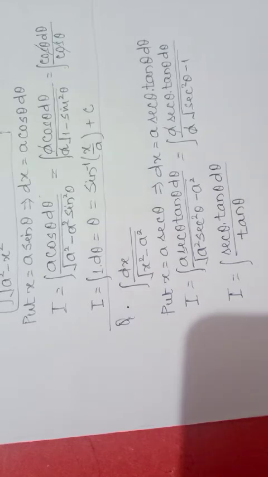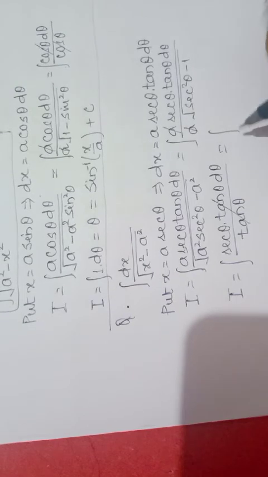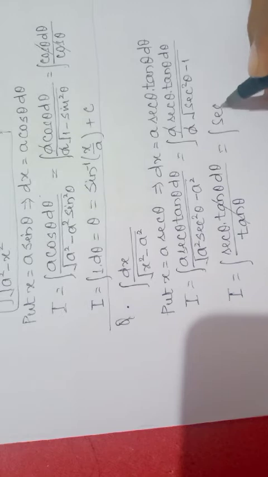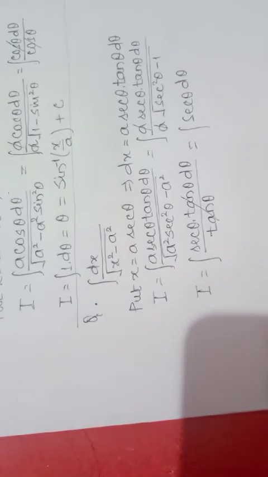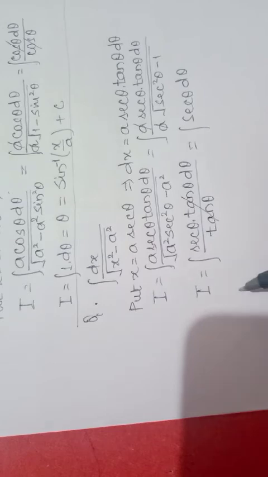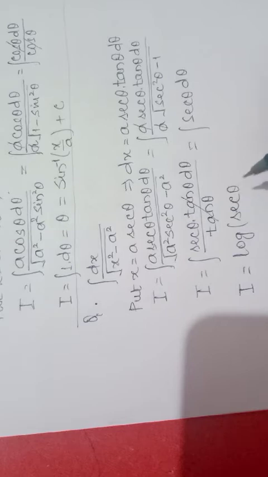Tan theta and tan theta cancel here. Hence finally we have got sec theta d theta. You know integration of sec theta is log sec theta plus tan theta. So it should be written as log sec theta plus tan theta.